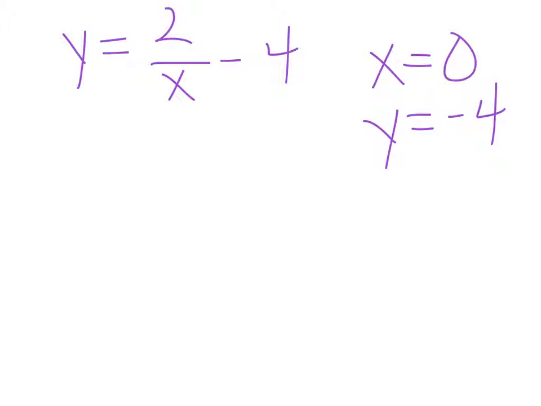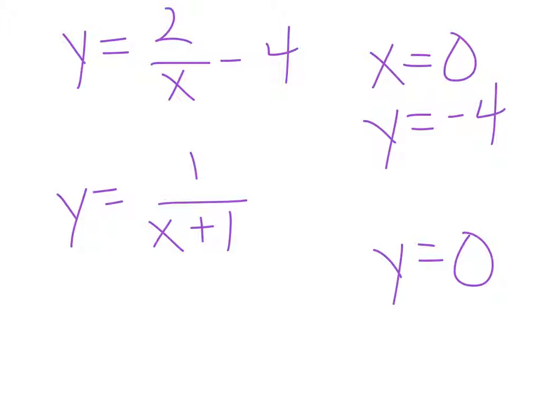Here's another one. Now, right away, when I look at this, I notice there's nothing back here. So I'm pretty sure that since this can't go to 0, then y equals 0 is going to be one of the asymptotes because it can't get to 0.